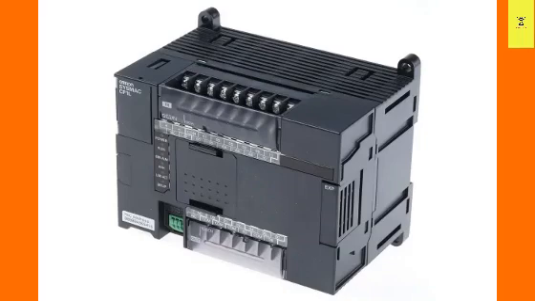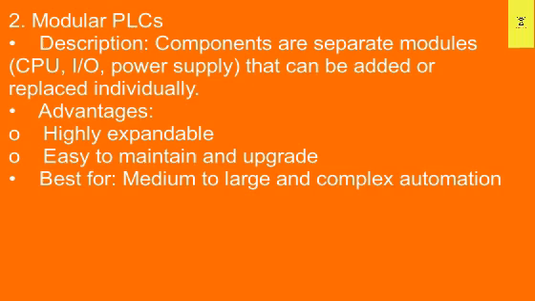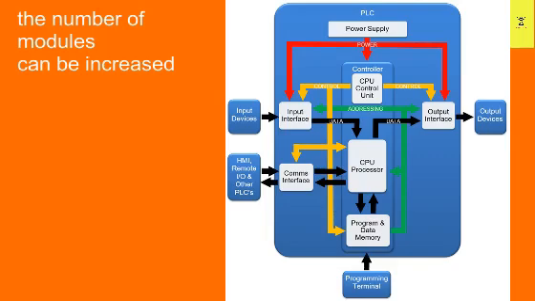The next type is the modular PLC. In a modular PLC, components like the CPU, input and output, and even the power supply are separate modules that can be added or replaced individually.